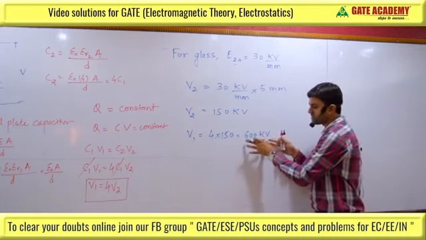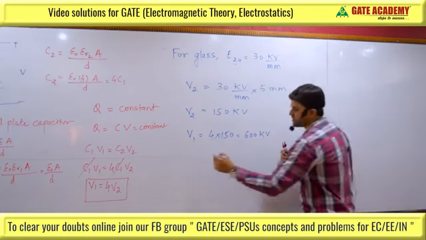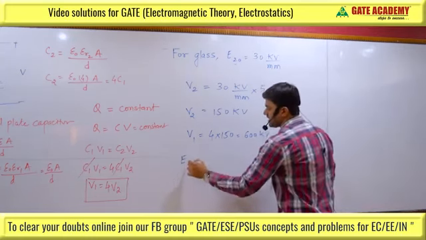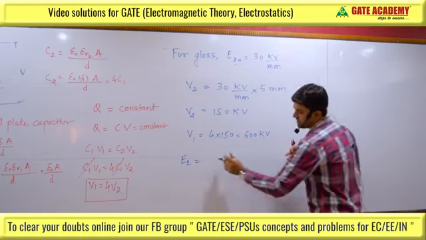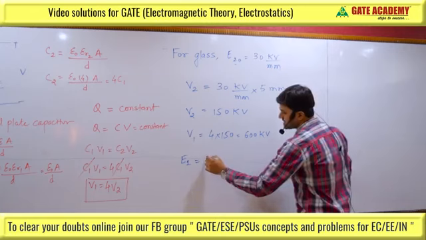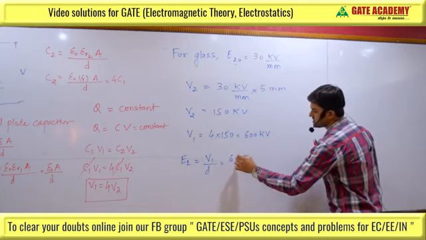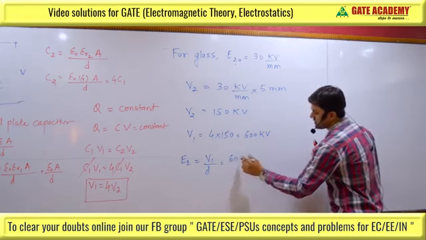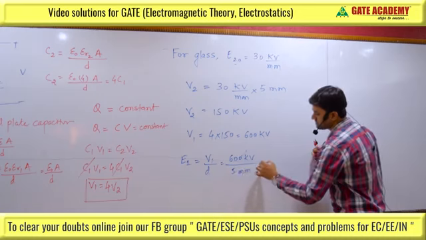Now, according to 600 kilovolt, what should be the electric field? So, electric field E1 for air is V1 upon D, and V1 is 600 kilovolt and D is 5 mm.